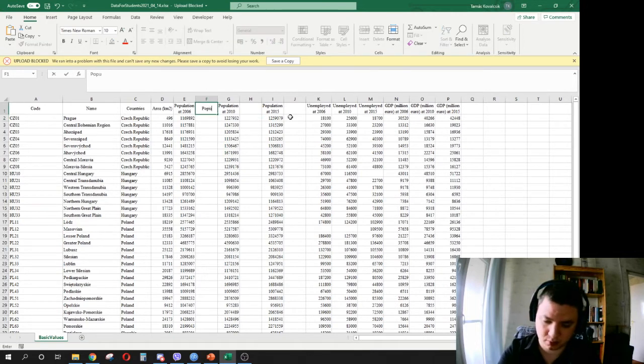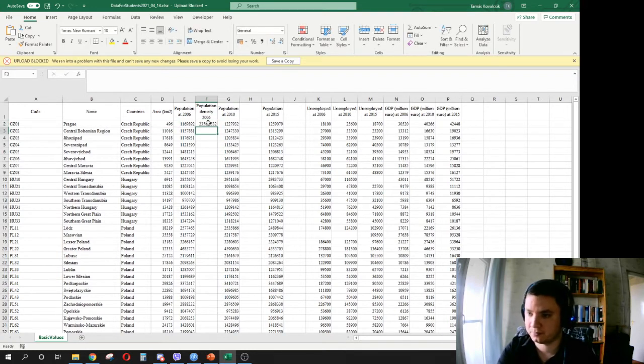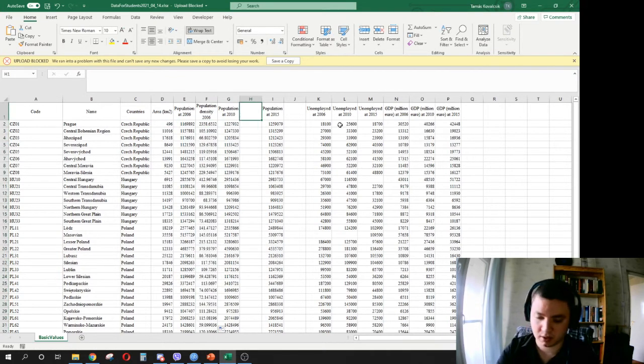Okay, population density 2006, and make a division between the population and the area. Okay, population density 2010.